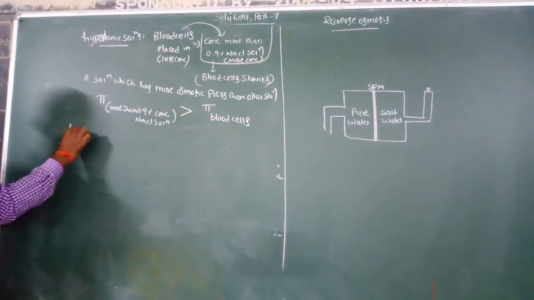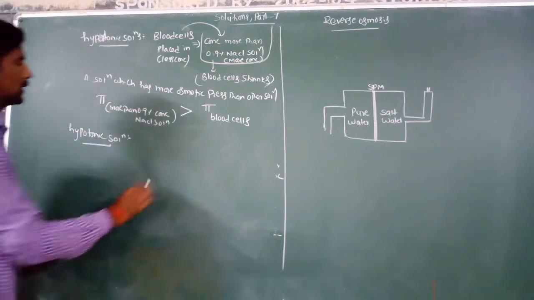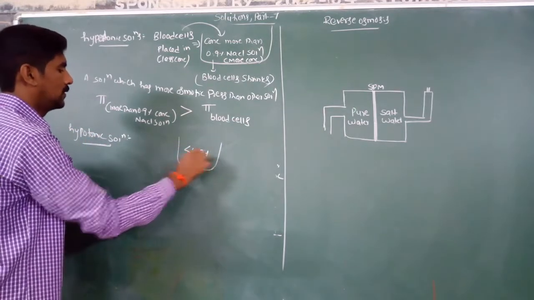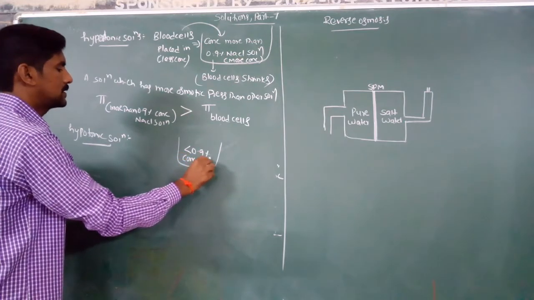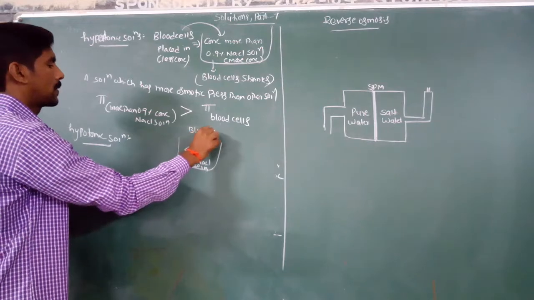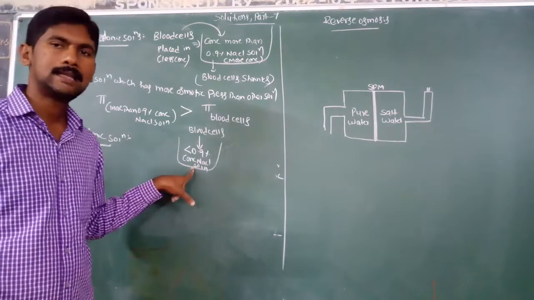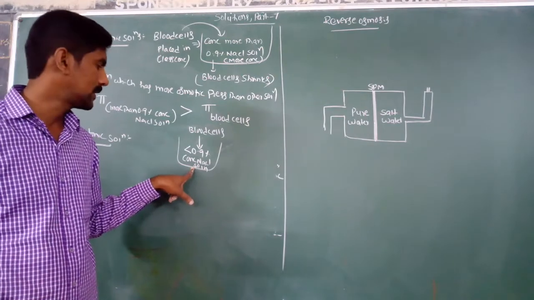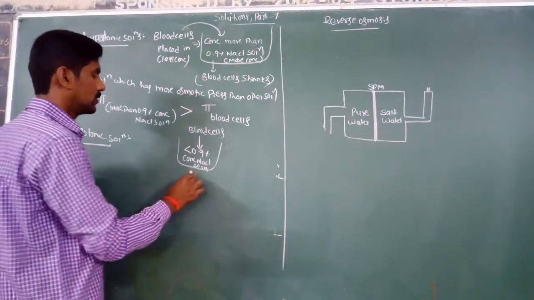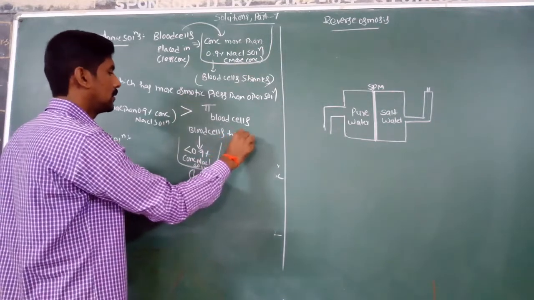Hypotonic. If blood cells are placed in less than 0.9% concentration of NaCl solution, then what happens? So this is low concentration and this is high concentration.